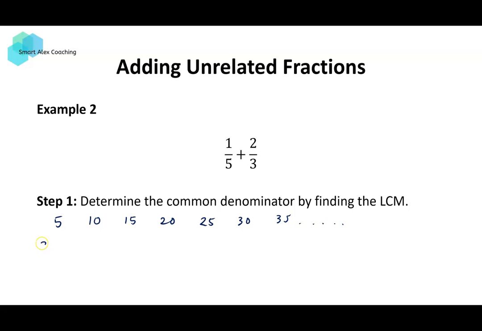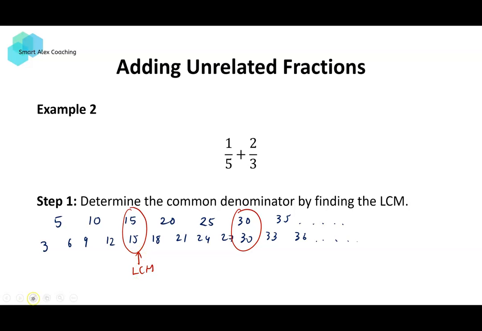The multiples of 3 are 3, 6, 9, 12, 15, 18, 21, 24, 27, 30, 33, 36, and this keeps going as well. Again, looking for the common multiples, 15's one, so is 30. But here our LCM, our lowest common multiple, is 15.